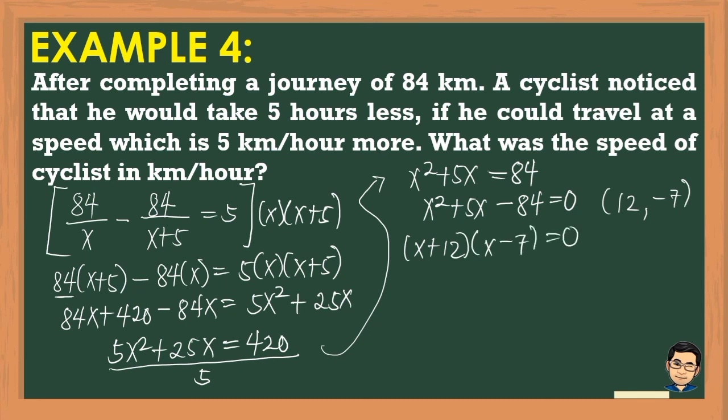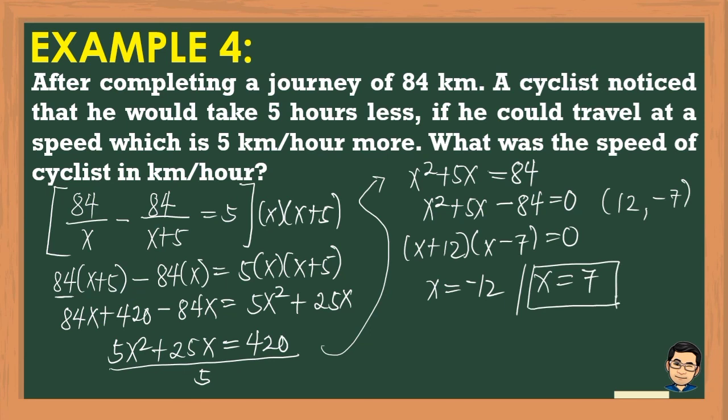Now, if we equate each term to 0, so x plus 12 is equal to 0 will become x equals negative 12. And then x minus 7 is equal to 0 will become x equals 7. Since bawal po yung negative po dito, so our only solution will be x equals 7.